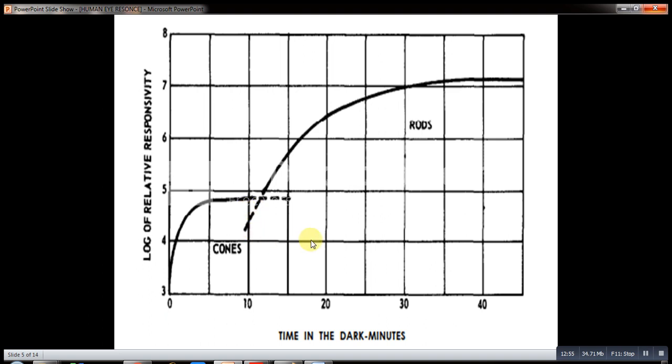But before talking about this figure, we will define adaptation. In visual physiology, adaptation is the ability of the retina of the eye to adjust to various levels of light.